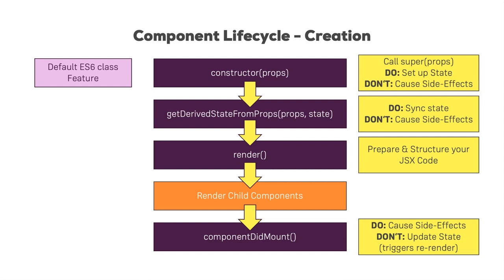But don't call setState in here synchronously. So you can definitely set up some code that executes in the future, which then updates the state. For example, when the response from the server is back, but don't do it right away when componentDidMount runs that you immediately call setState, because that will trigger a re-render cycle, and that is bad for performance. Let's have a look at this in practice.